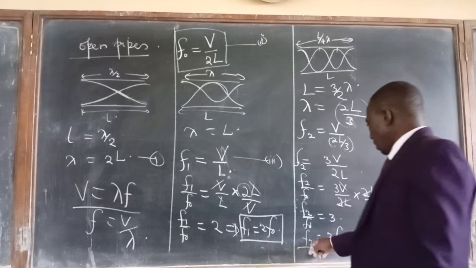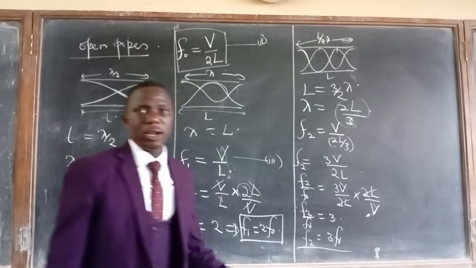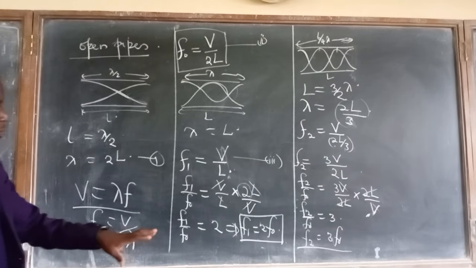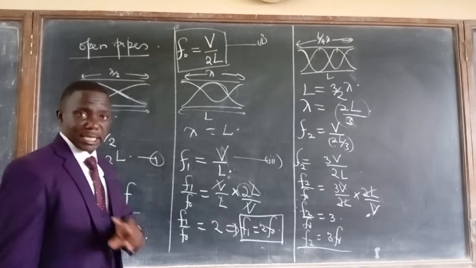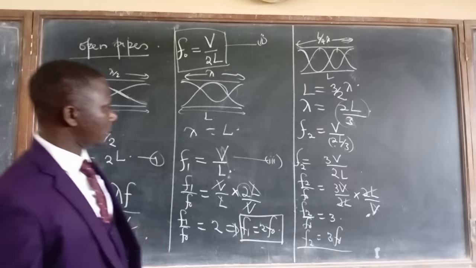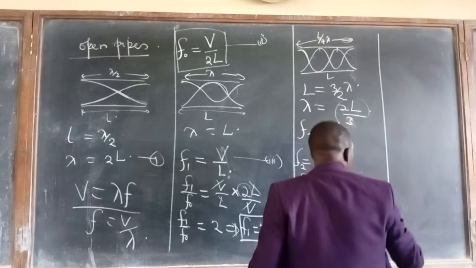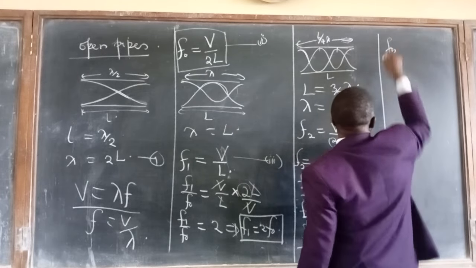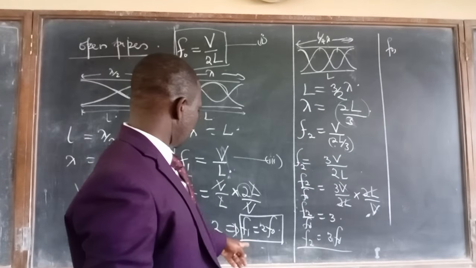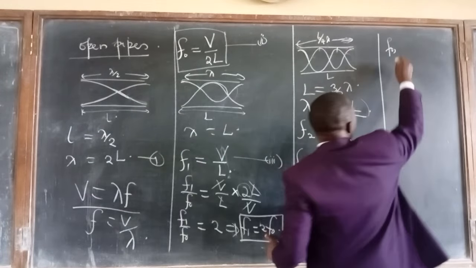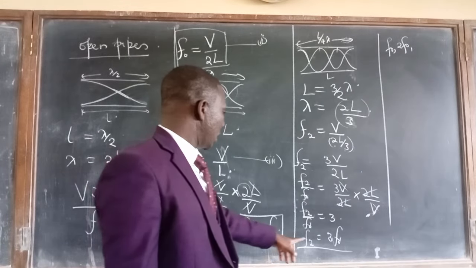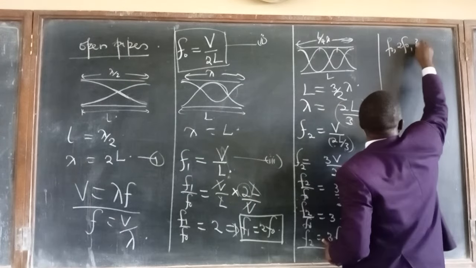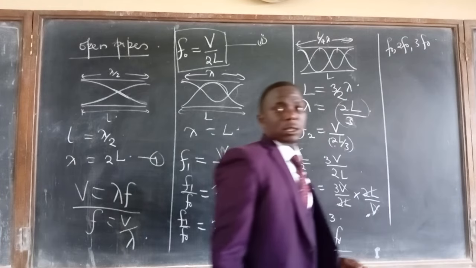Yes, so if we have F2 as 3F0, what are we realizing? We are realizing that our frequencies can be in order. The first one is F0, the second one is 2F0, then the third one is 3F0.